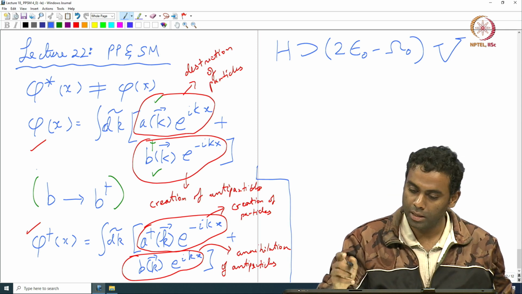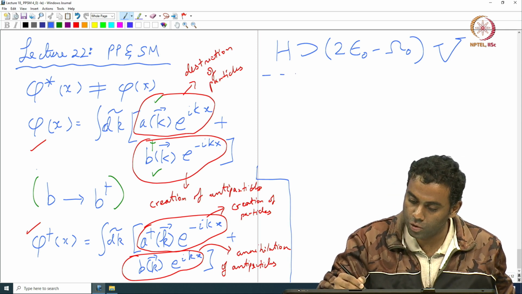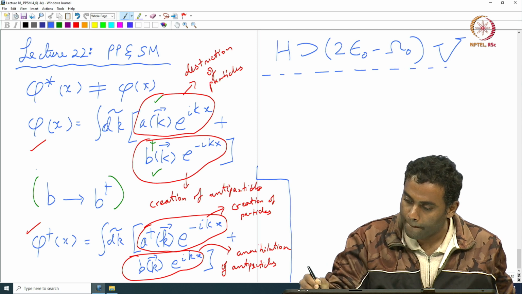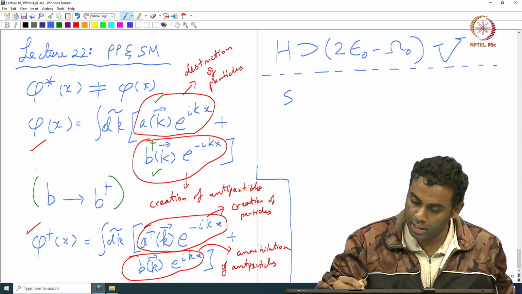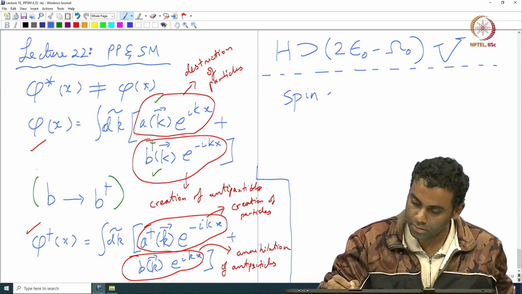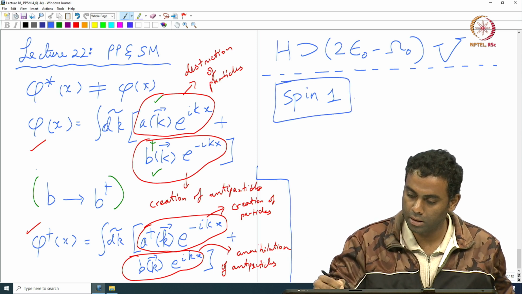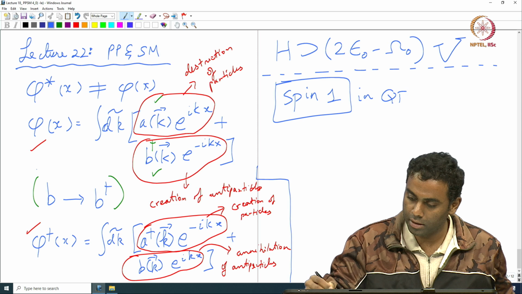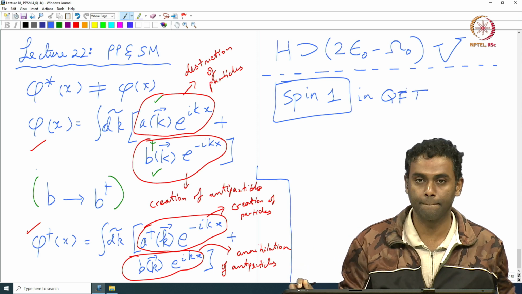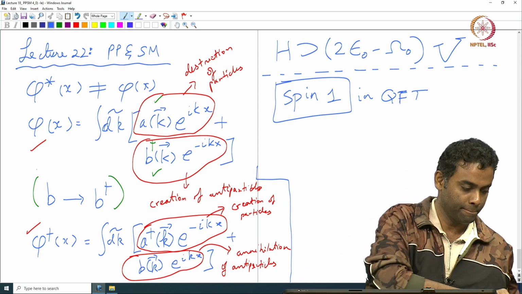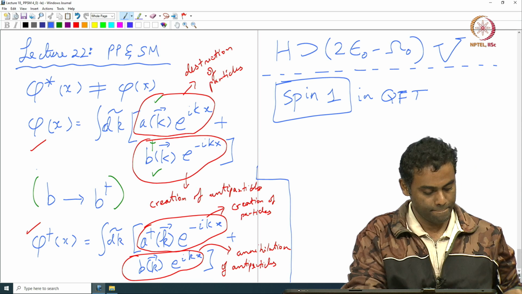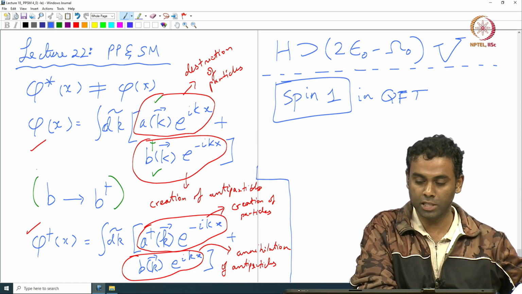Okay, then that will allow us to go on to how to deal with spin 1 states in quantum field theory. Okay. So, what are some spin 1 states?